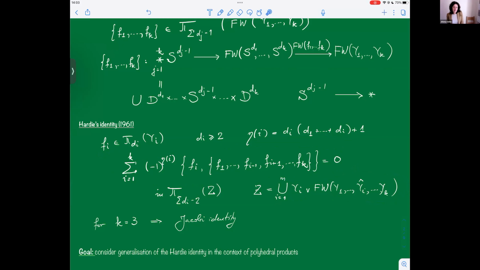So one of the questions in homotopy theory is, well, you can continue this process and you can define what are called higher Whitehead products. I won't be going today into that direction. And one might ask, can we describe all possible identities between Whitehead products and higher Whitehead products?